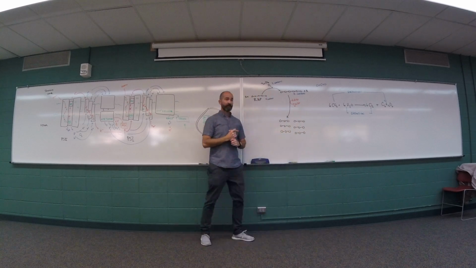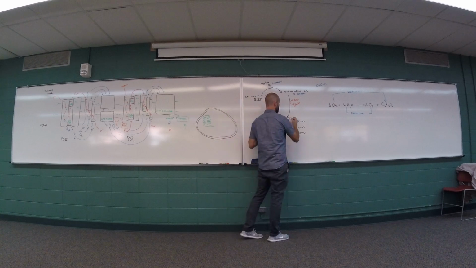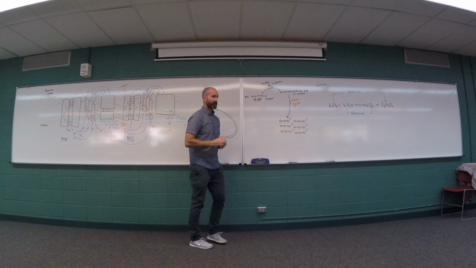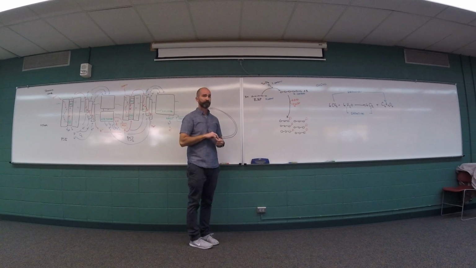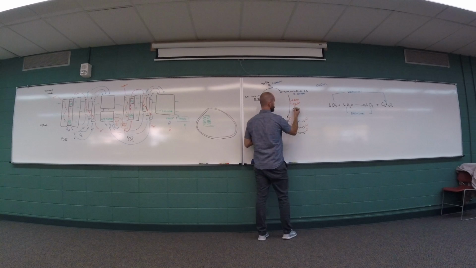What that means is each one of these 3-carbon molecules actually has a phosphate attached to it like this. Those are all phosphates. And how many NADPHs did we use? 6. Also 6 of those.